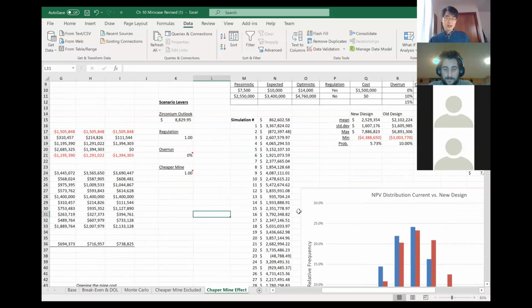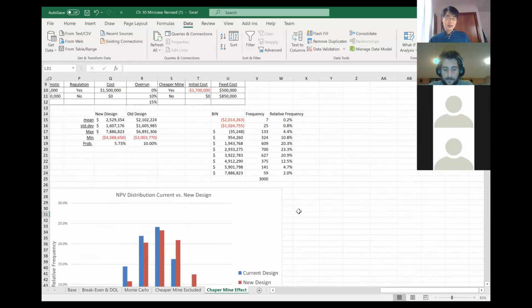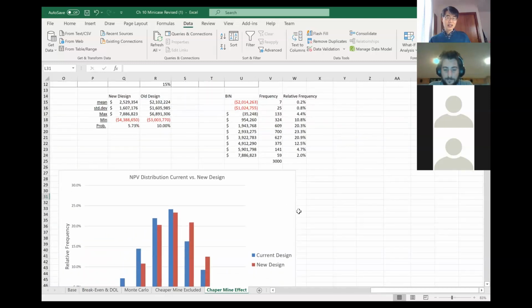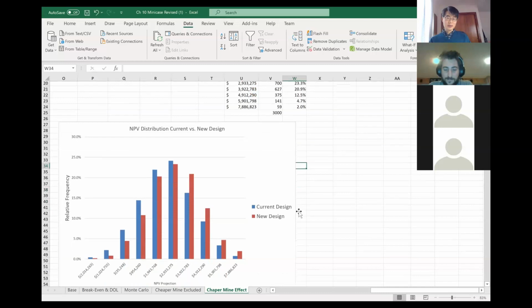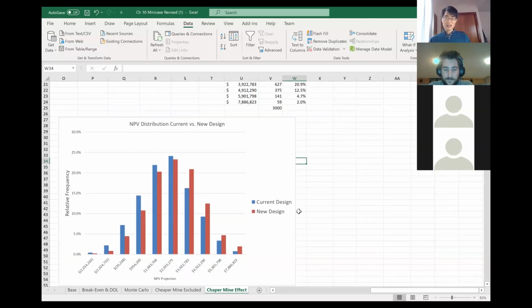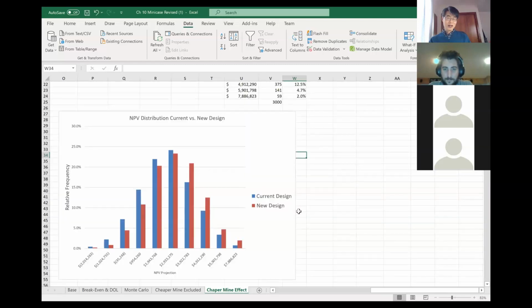Then what happens is, now you can see the distribution difference between current design and the new design. I kind of superimposed the distribution of new design on the distribution of older design. So whenever I press F9, these histograms will automatically update.